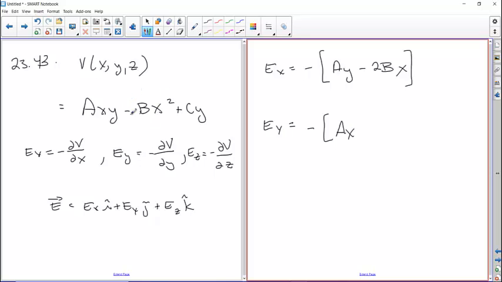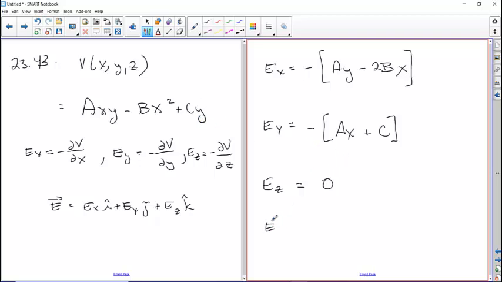The second term is a constant when taking the derivative with respect to y, so that's going to be 0, and then the final one is going to be c. Derivative of y with respect to y is 1. And the electric field in the z direction is going to be 0, because none of these three terms involve z, so they're all treated as constants.